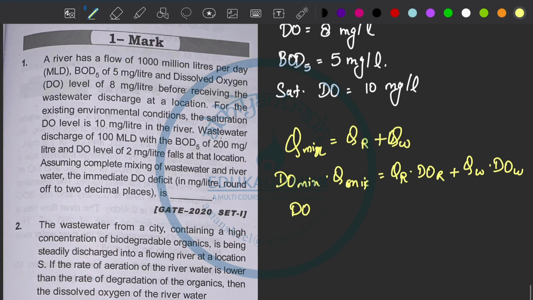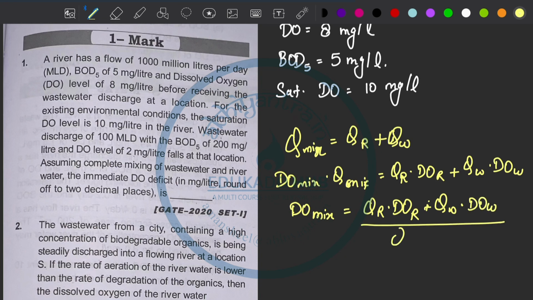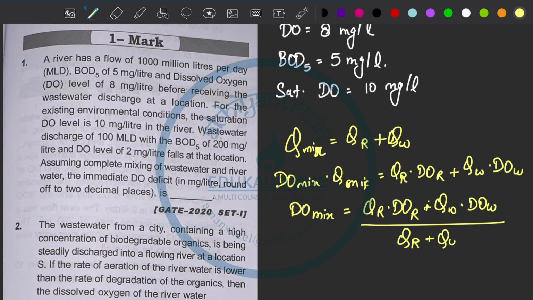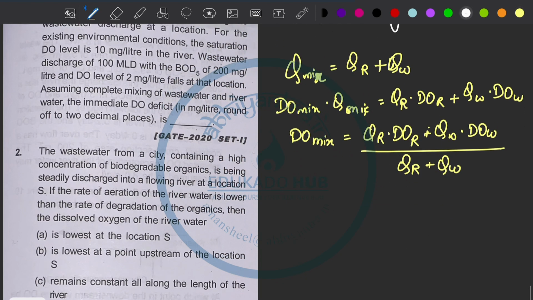From this, DO of mix is equal to QR into DO of river plus discharge of wastewater into DO of wastewater, divided by discharge of mix. Mix is nothing but discharge of river plus discharge of wastewater.